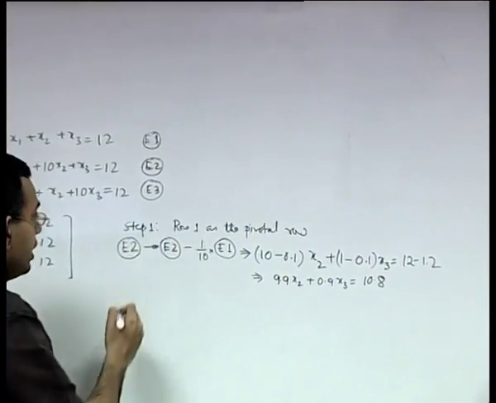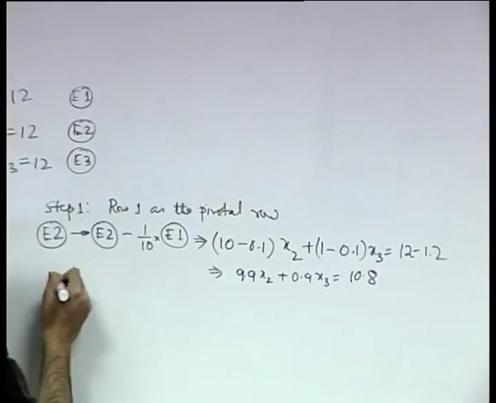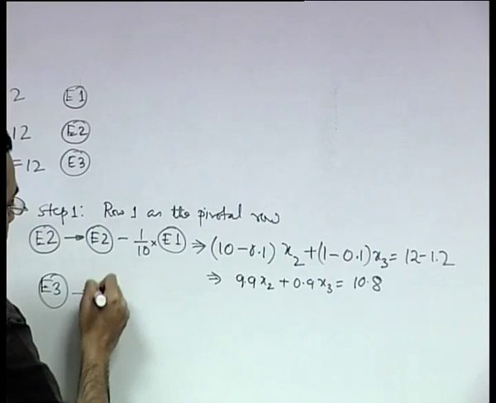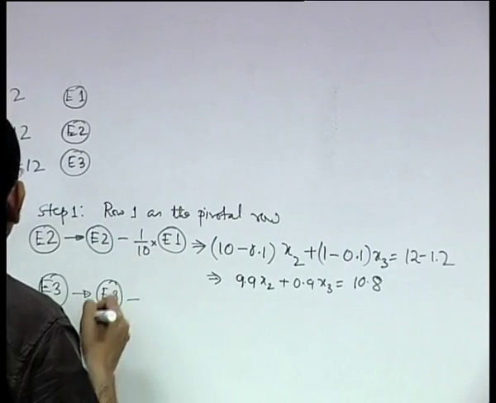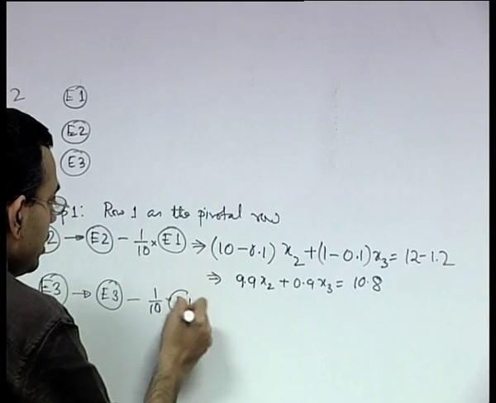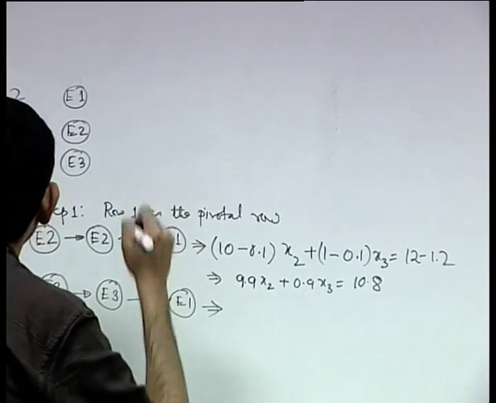Similarly, new equation 3 is equation 3 minus again 1 by 10 equation 1, so that the first column is eliminated.